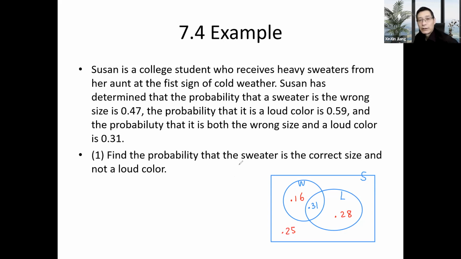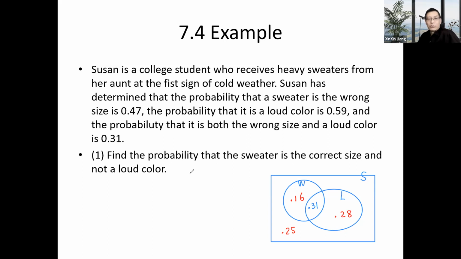Okay, so now our task is to figure out the meaning of what the question is asking. Find the probability that the sweater is the correct size and not a loud color. And it's an intersection. So correct size, not the wrong size, and not loud color.